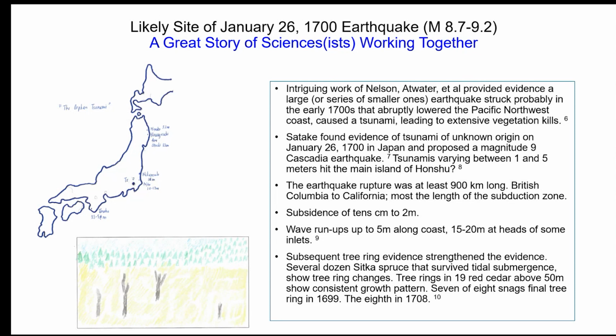And then, frankly, there was some great detailed work on trees and spruces, and they could go back to a lot of these trees, and they literally could pin them down to they died in 1699. So they knew the earthquake. This had basically been the source of this January 26, 1700 tsunami in Japan.